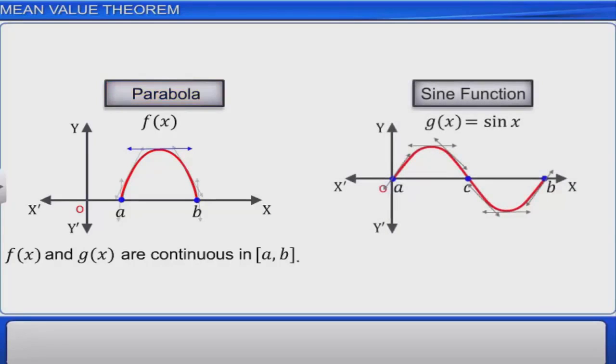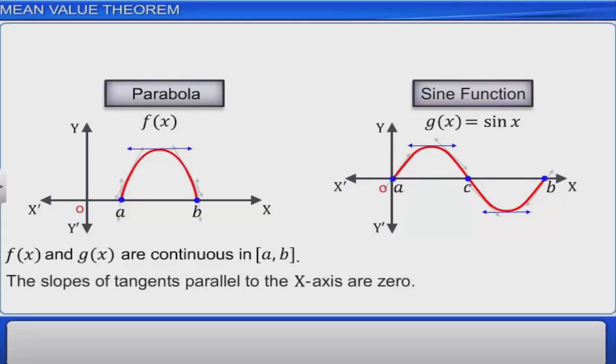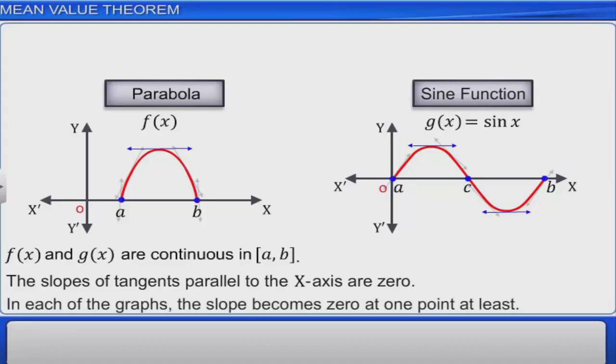On the other hand, the sine graph has two tangents parallel to the x-axis. Since the tangents are parallel to the x-axis, their slopes are 0. That is, in each of the graphs, the slope becomes 0 at one point at least.